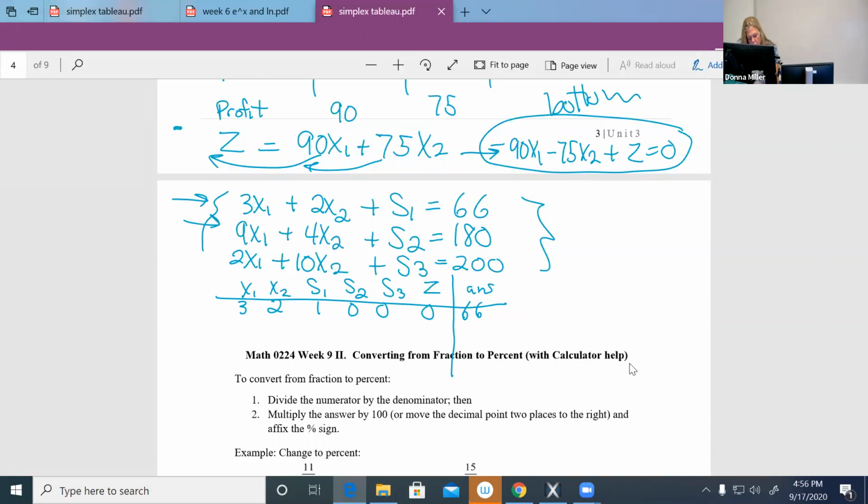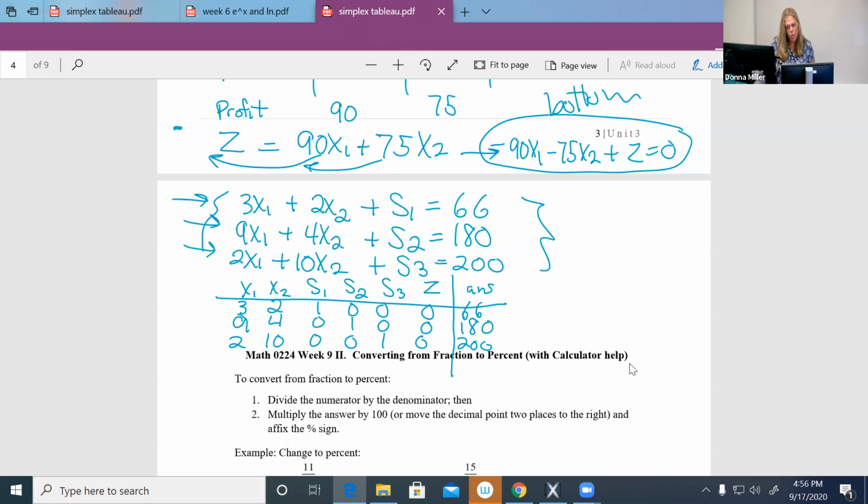Second row: 9x1, 4x2, s2 is 1, so the others are 0, and this is 180. Third row: x1 is 2, x2 is 10, s3 is 1, so everything else is 0, and the answer to that was 200. So right now I have all 3 constraints in the matrix.